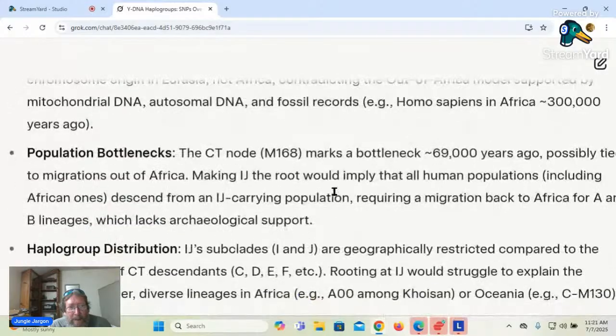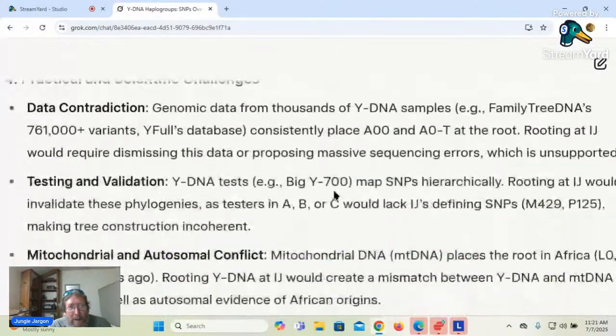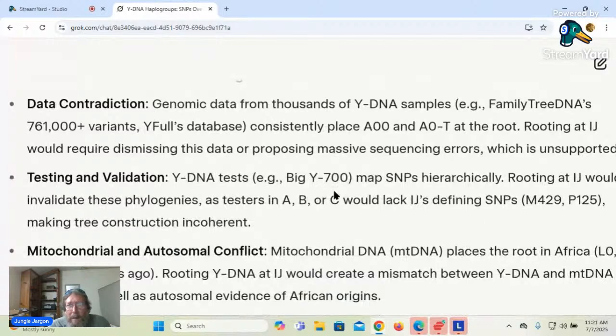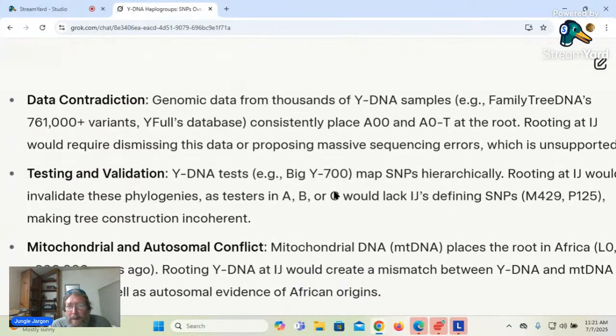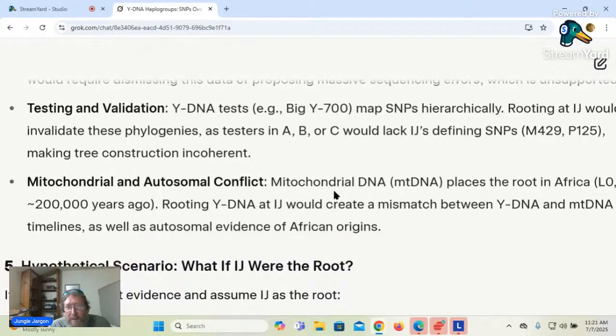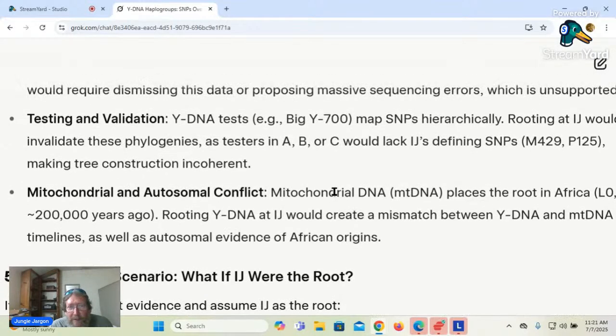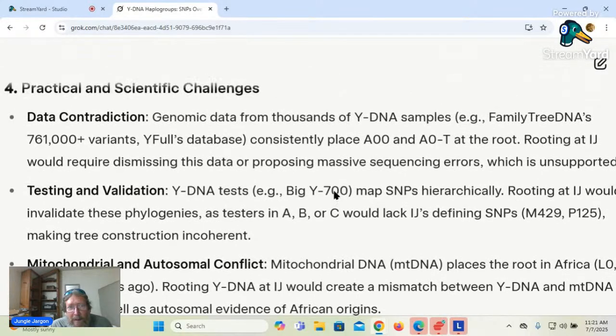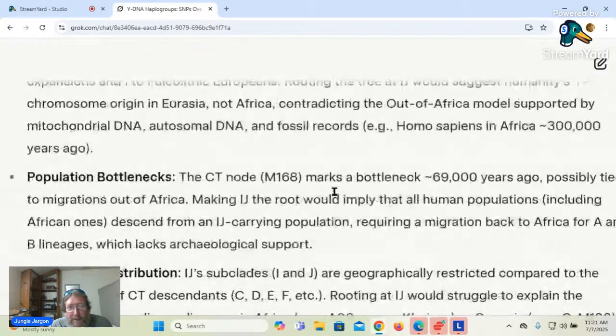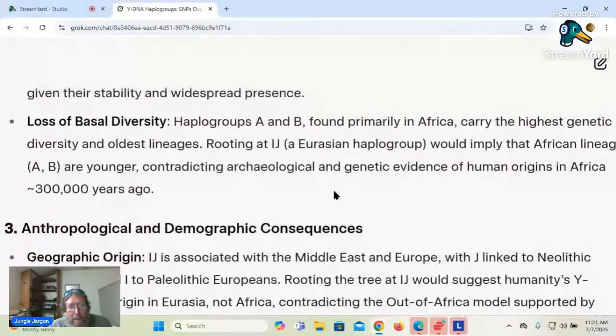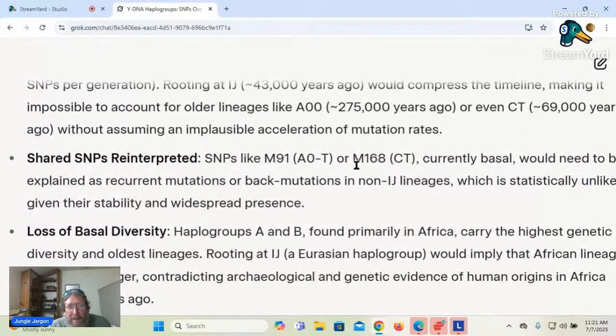Okay, origin, bottlenecks. No, but this assumption, the rooting of the tree in A, is an assumption. It's not a fact, especially when A and B are the odd ones out that don't have the M168. Everyone else does.